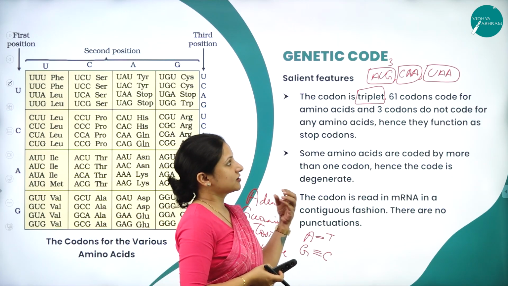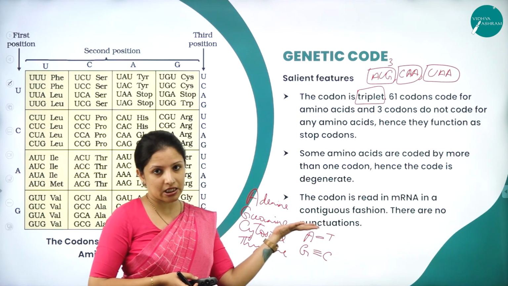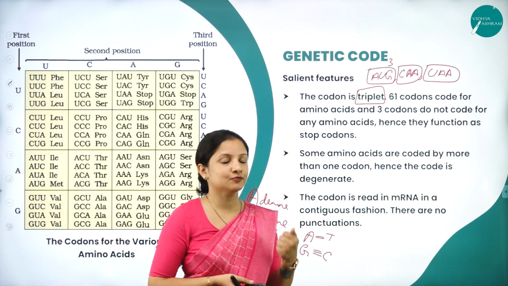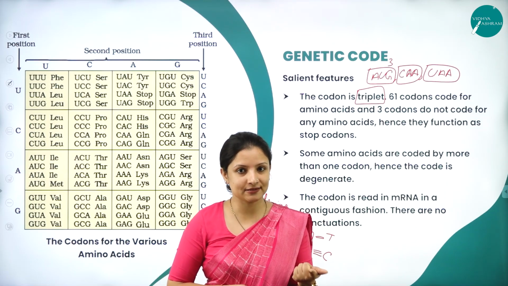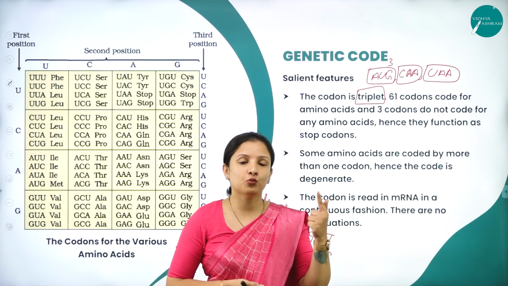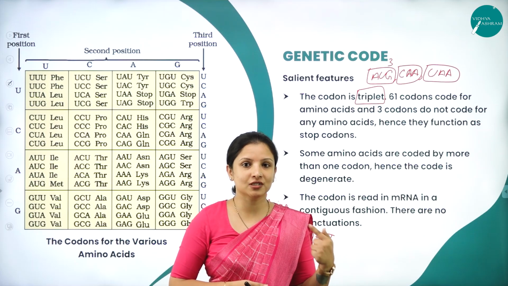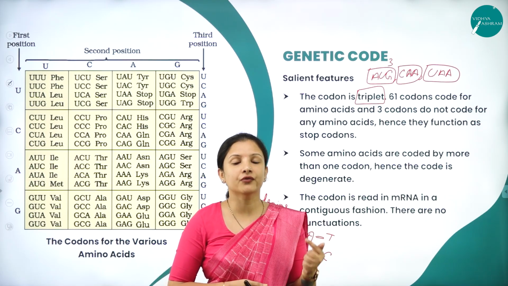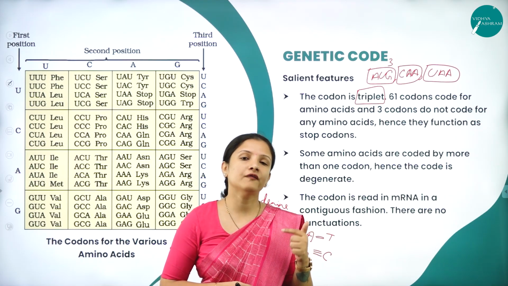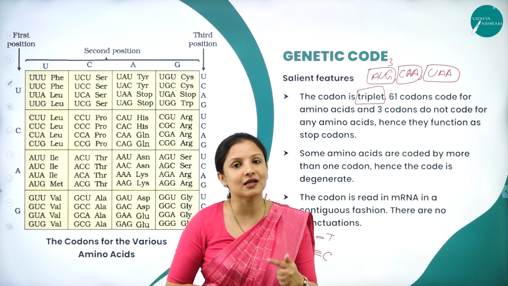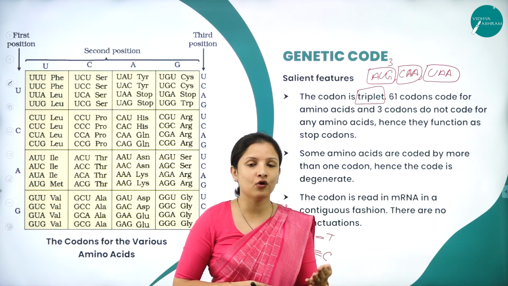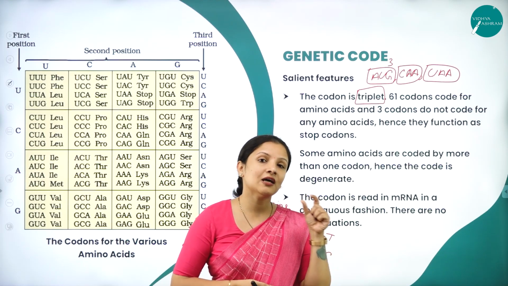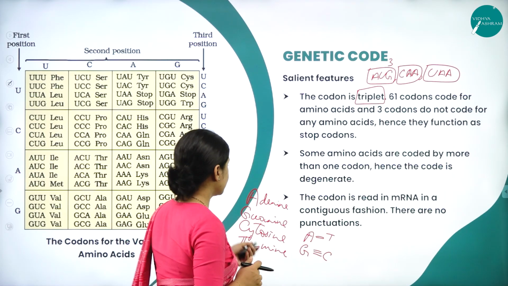Now you can ask me, why have I not written T there? Why we have not written T is because in the previous session, if you remember, we had learnt about transcription, right? Whatever nitrogenous bases are present on the coding strand of the DNA get transcribed onto the mRNA strand. mRNA means it is an RNA, and in RNA there is no thymine.